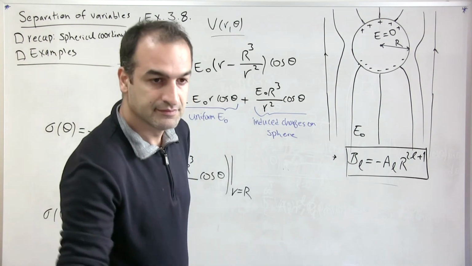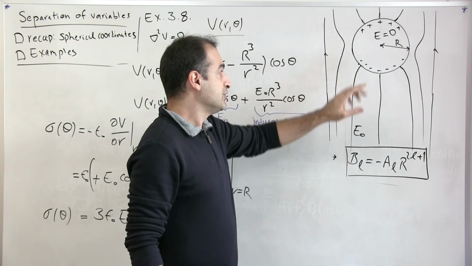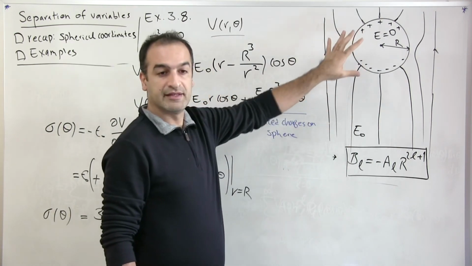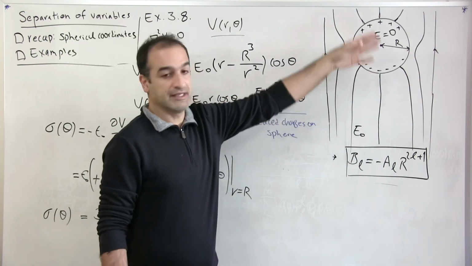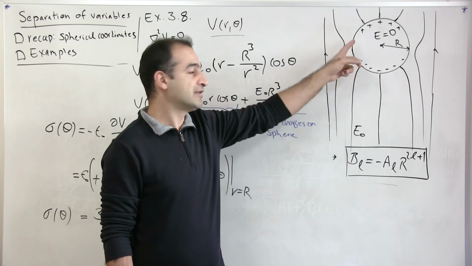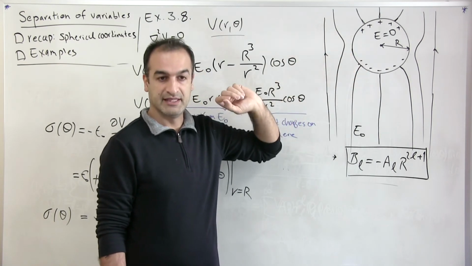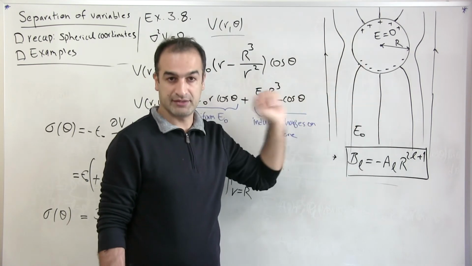So was this problem the other way around? This problem was you put the sphere inside a uniform electric field. So you don't really have any idea about what surface charge density you have at the beginning, but you have the potential specified at the surface. And the potential is combined with the potential created by the uniform electric field.